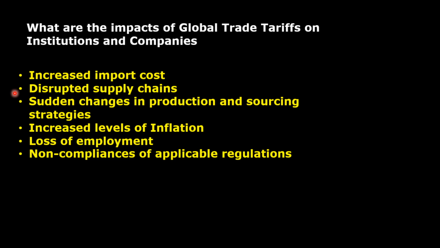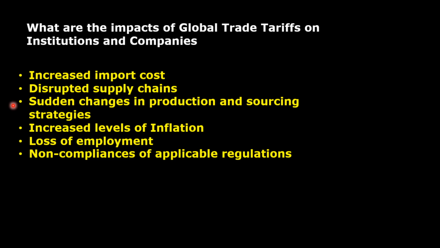So the organizations then have to face supply chain disruption that ultimately causes operational losses, because organizations and institutions have set their supply chains, and if the supply chains get disrupted, then the overall operations of the organization will be disrupted.